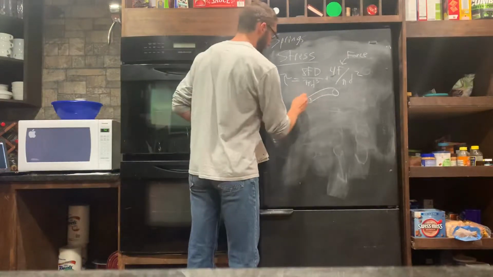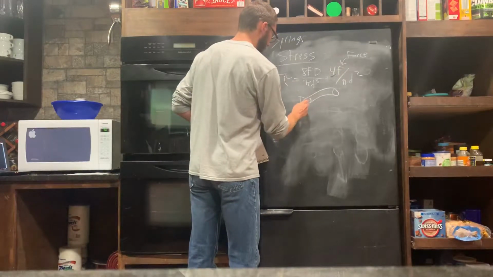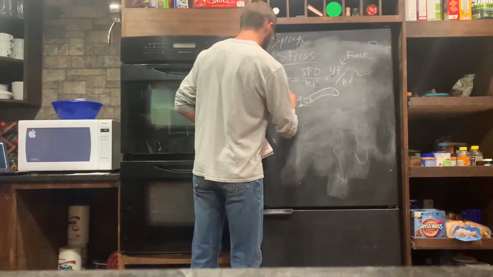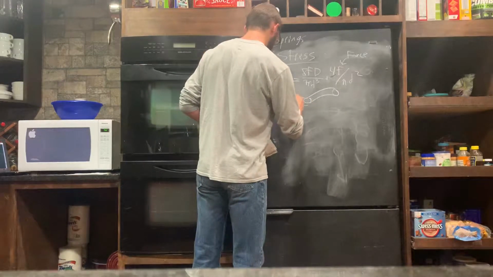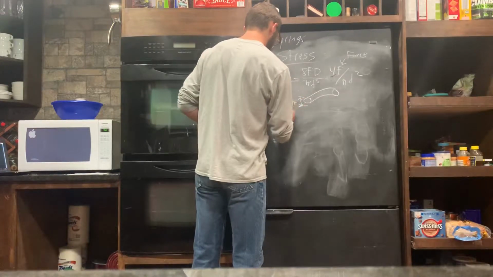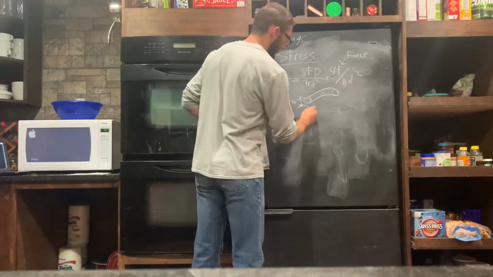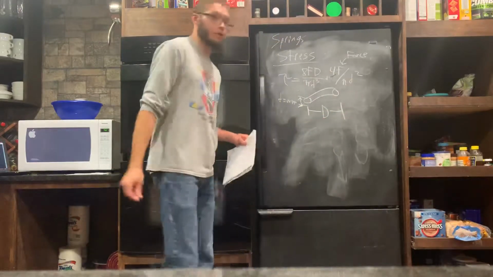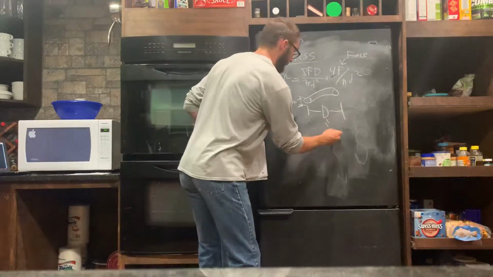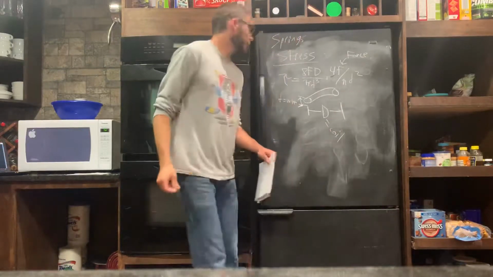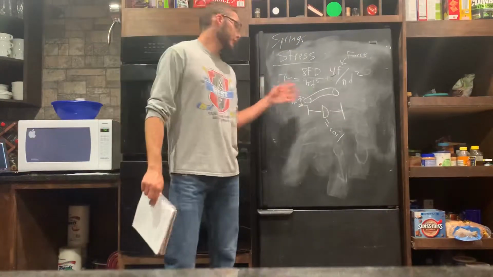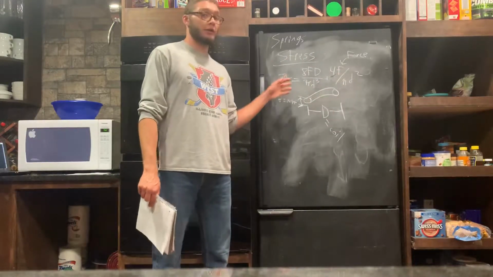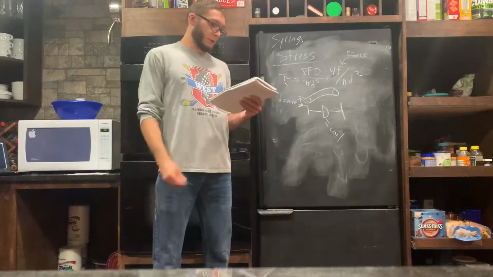Little d is going to be this distance right here of the coil, and that's the wire diameter, and then big D is going to be this distance, which is the coil diameter. So if we had the coil diameter, wire diameter, and the force, we could calculate the stress value.